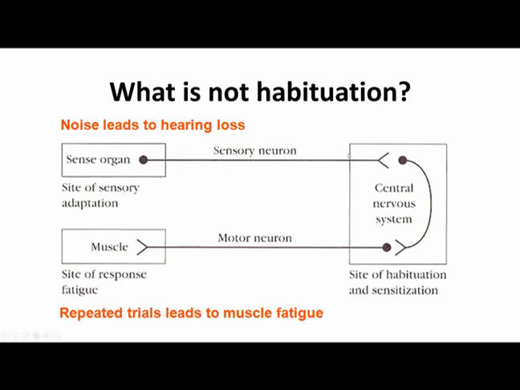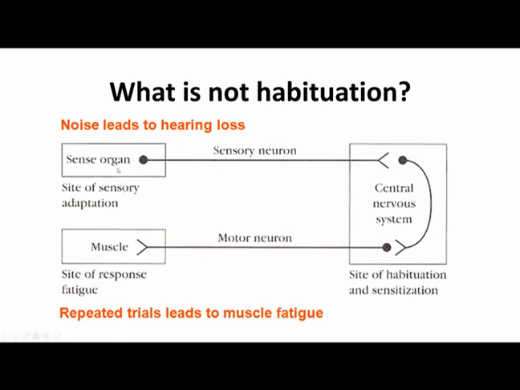You've adapted to that particular level of sensation. If we go into our central nervous system, that's where we see habituation and sensitization occurring. And we'll talk about the mechanisms involved in that in just a couple of slides. But that's something that's going on internally at either the level of your brain or your spinal cord. And then fatigue is going to be at the muscles.